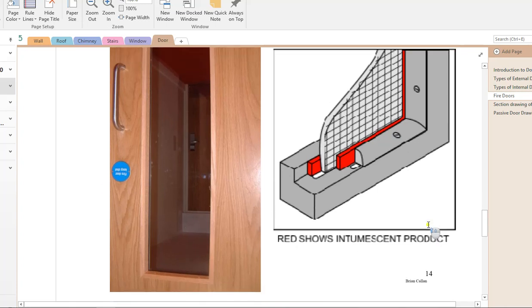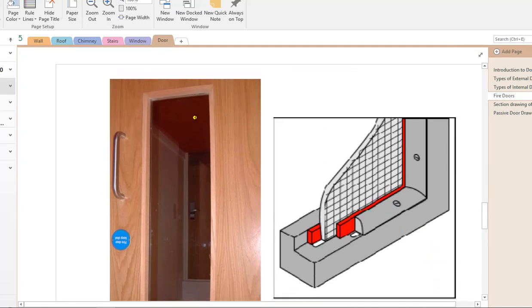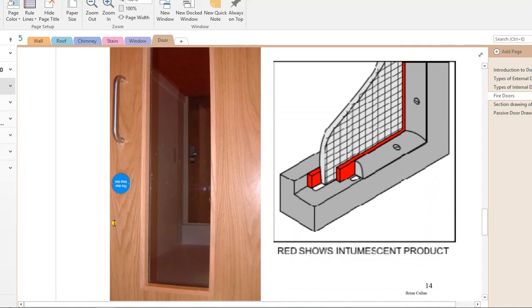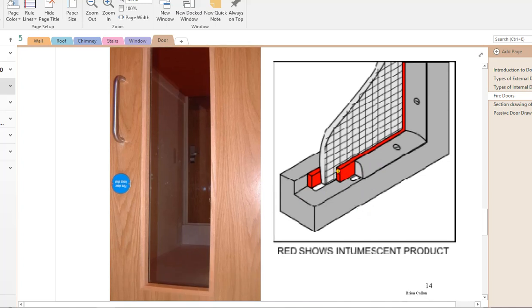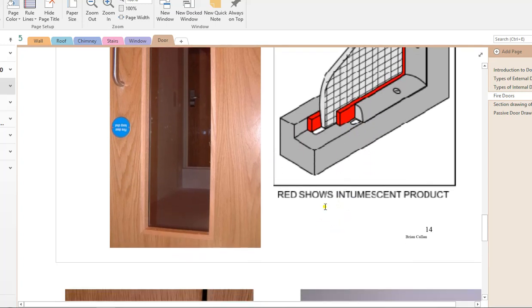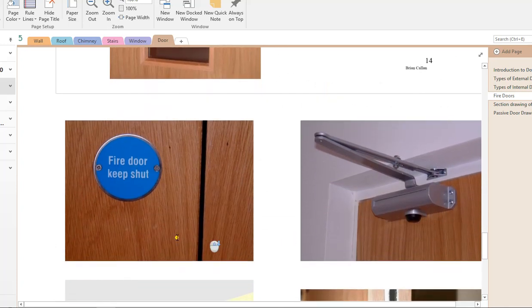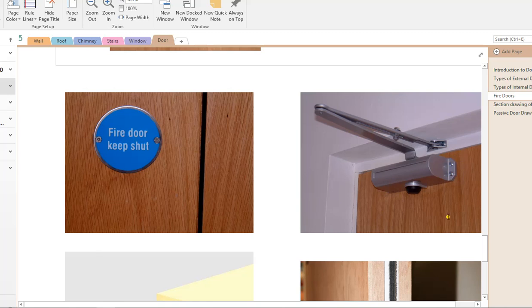What we have here is what you'd find in any hotel. Then this diagram shows the wired glass and the 2 pieces of intrusion strip used at either side. If a fire was to break out, these strips would expand with the heat and seal the glass and the timber to make sure no smoke would travel out. Now this is your fire symbol again. This here is your self-closing mechanism.